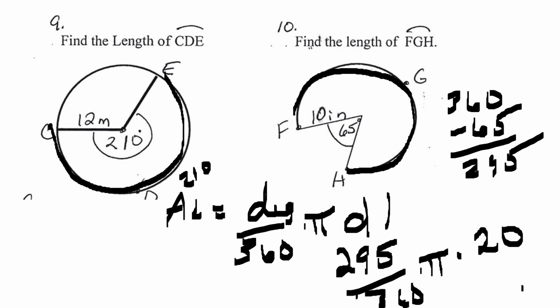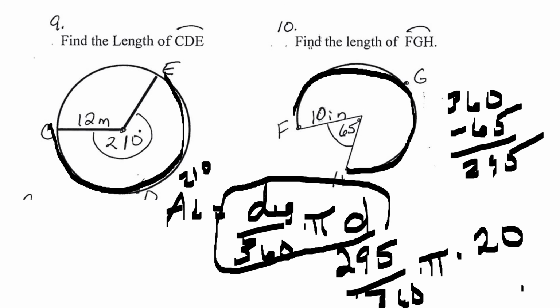That's why you write your formula down, so that you'll be thinking, oh, is that really a diameter? No, that's radius, so I put it in there right. 51.48 or 51.5, rounded to the tenths place.